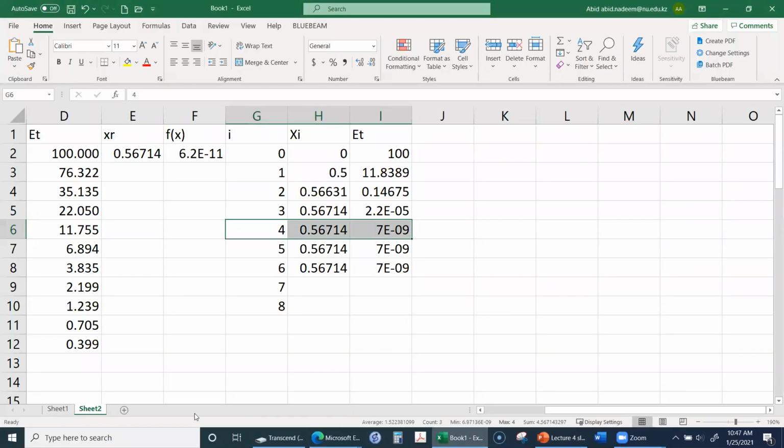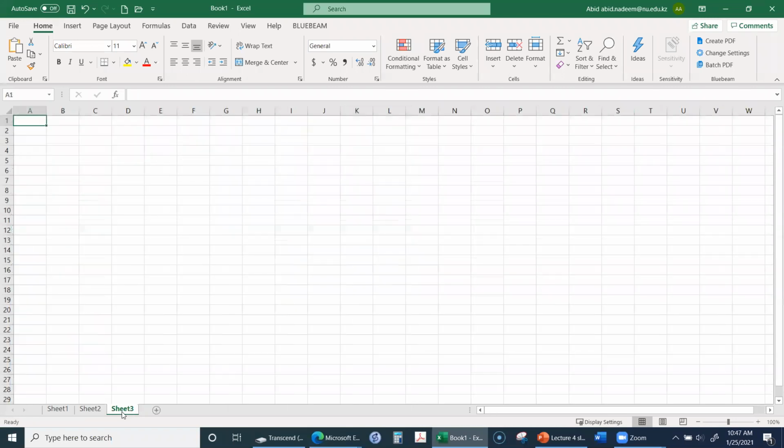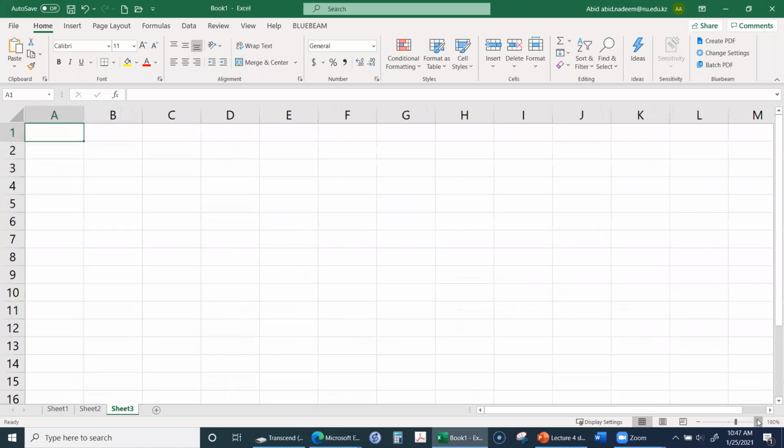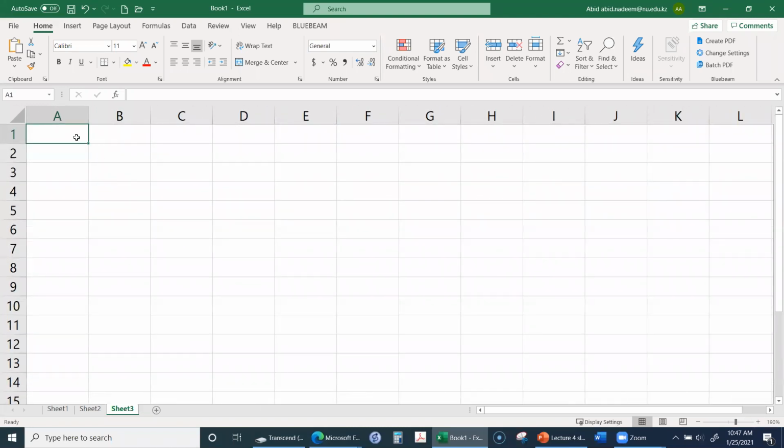I can show this in Excel. So the function is e power minus x. Here I take the iterations, 1, 2, 3, 4, 5, 6, 7, 8, 9.